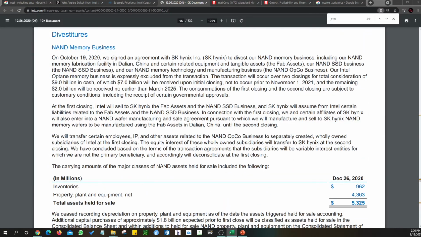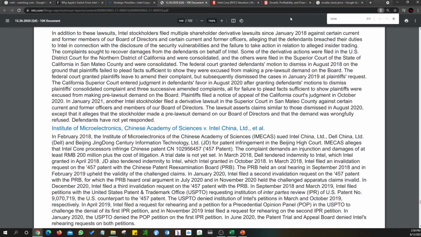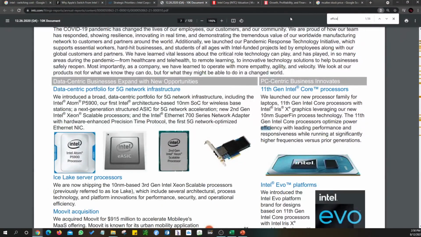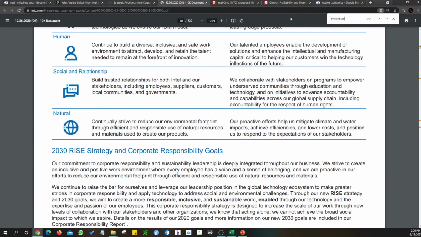Right. For efficient scale, I don't think so. Intel is in the niche market. There's no evidence that we can find that supports that. So I'm going to say they literally don't have it.